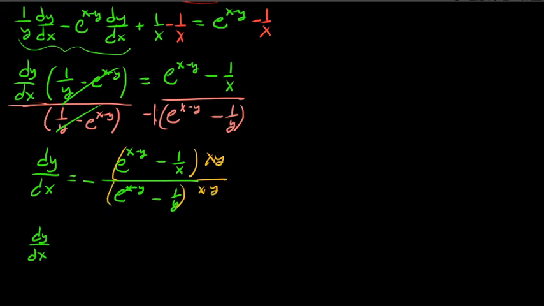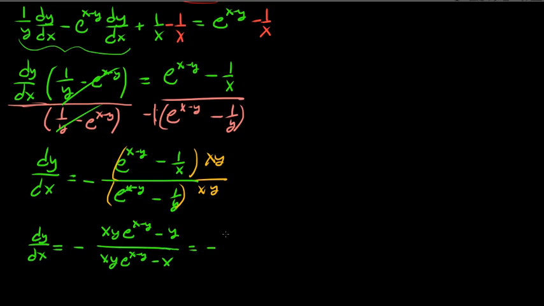Not necessary, but just to simplify, right? So you're going to get, let's see, xy e to the x minus y minus, the x's cancel, so this is minus y here. And then in the denominator, you're going to get the same thing, xy e to the x minus y, but this time minus x. Right.